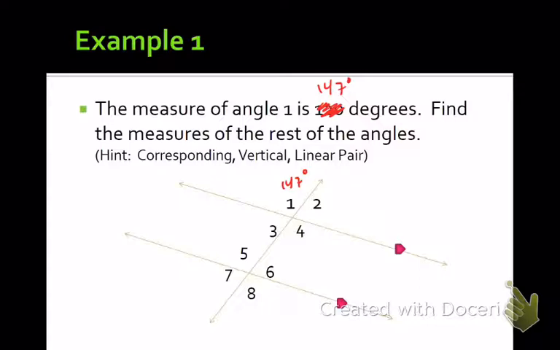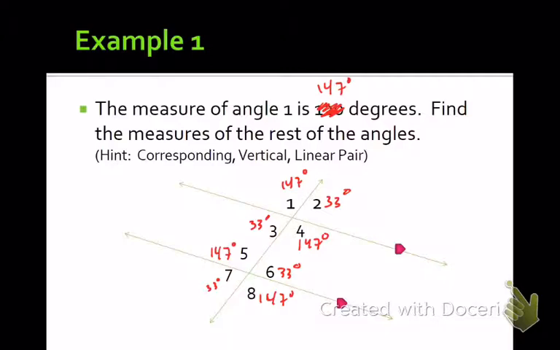All right, so if you've done that, what you found, hopefully, is that these angle measures are true. So 147 for angle 1, 147 for angle 4, 33 for 2, and 33 for angle 3. Angle 5 would be 147, as well as angle 8. Angle 6 and 7 would be both 33 degrees, and you can verify those with your protractor.